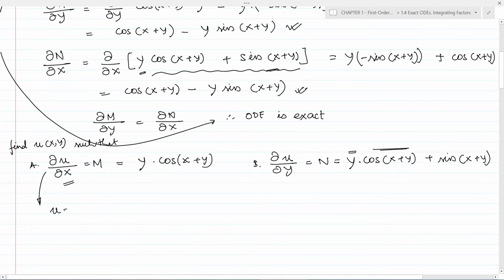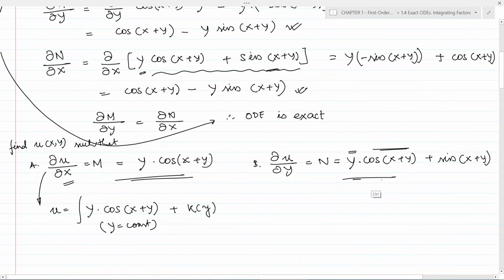We can write u equal to the integration of y multiplied by cos(x+y) dx plus k of y, which acts as the integration constant, where y is constant for this integration. You have to remember that in this step we have two options, either to use this first equation or this second equation.